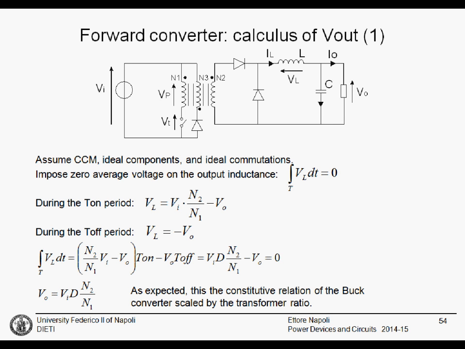We can now study the forward converter in order to understand its behavior and how it works, and possibly a way to design it. Let's start from the calculus of the output voltage as a function of the input voltage and the duty cycle. On the top, we see the circuit.